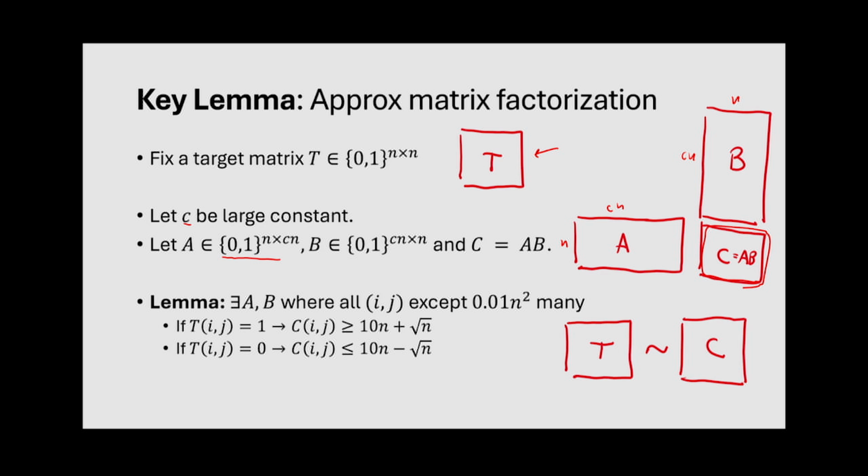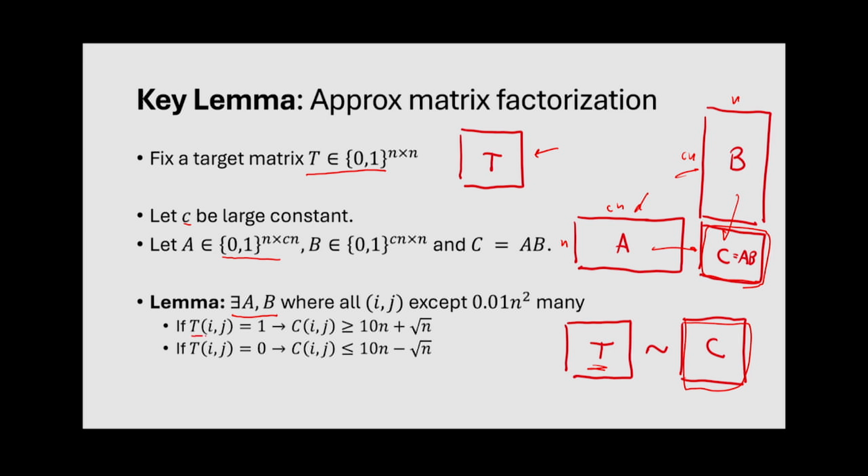So what we will show is that given any T here, there exist A and B of this size, a kind of larger size, such that when you multiply A and B, the product captures what T is in this sense.